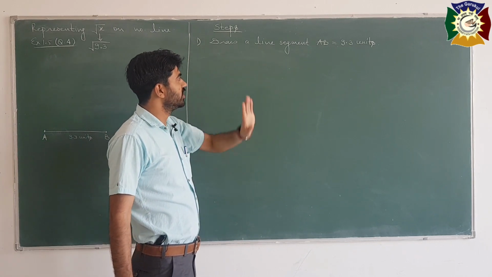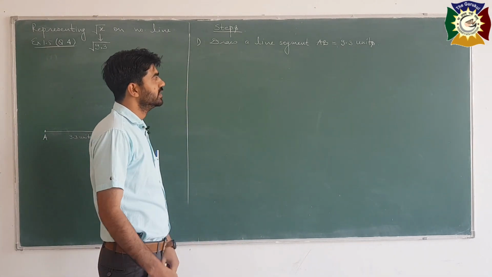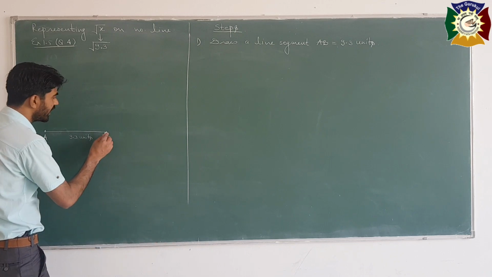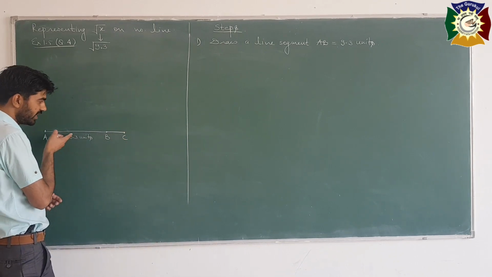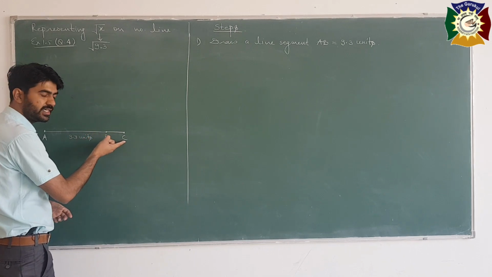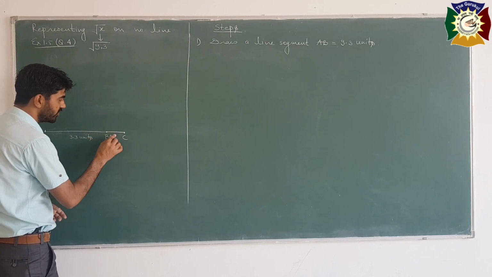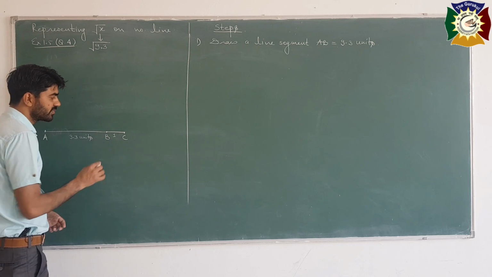So AB is equal to 9.3 units and we will extend this to a point C such that BC is 1 unit. This must be 1 unit.